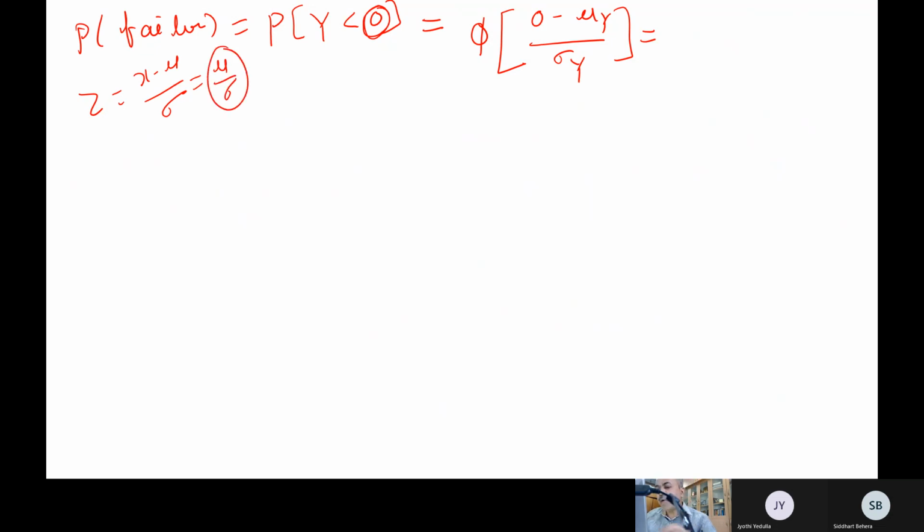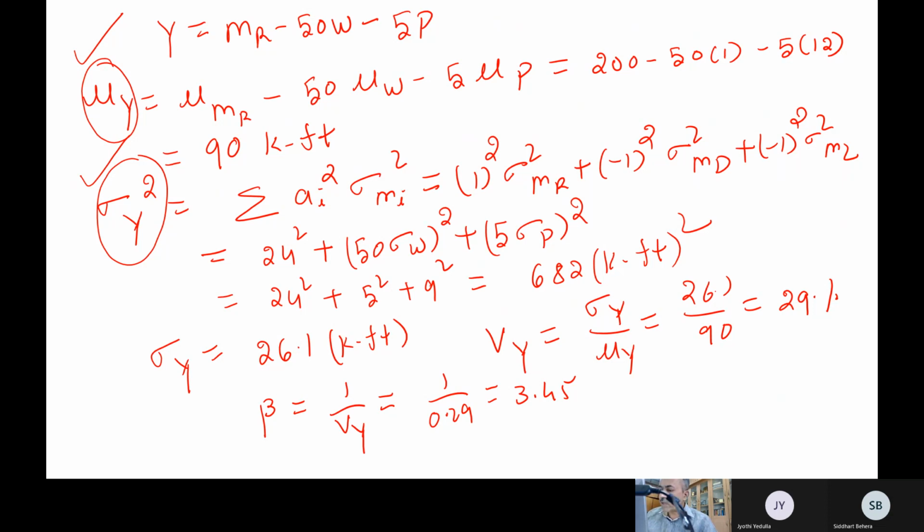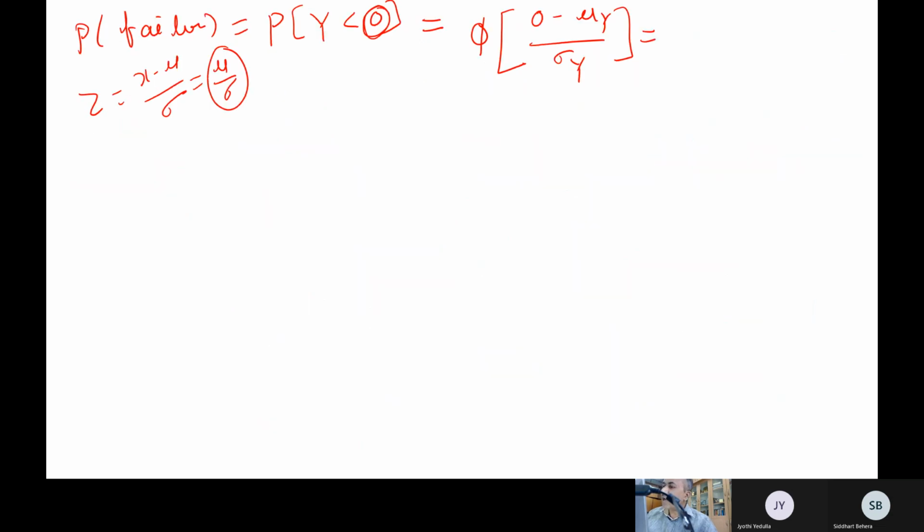What is the ratio of mean to sigma? The ratio of sigma to mean we are calling the coefficient of variation. The reciprocal of the coefficient of variation is the reliability index, which will be simply mu by sigma. So now this mu by sigma is essentially your reliability index.